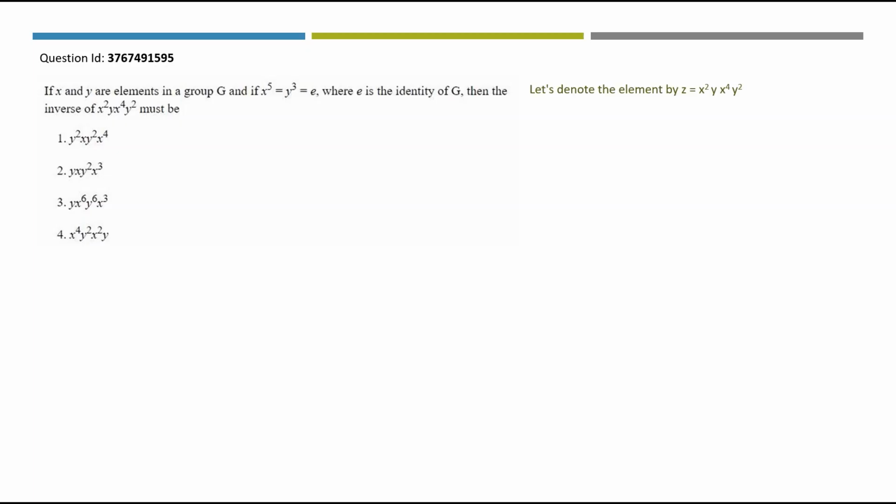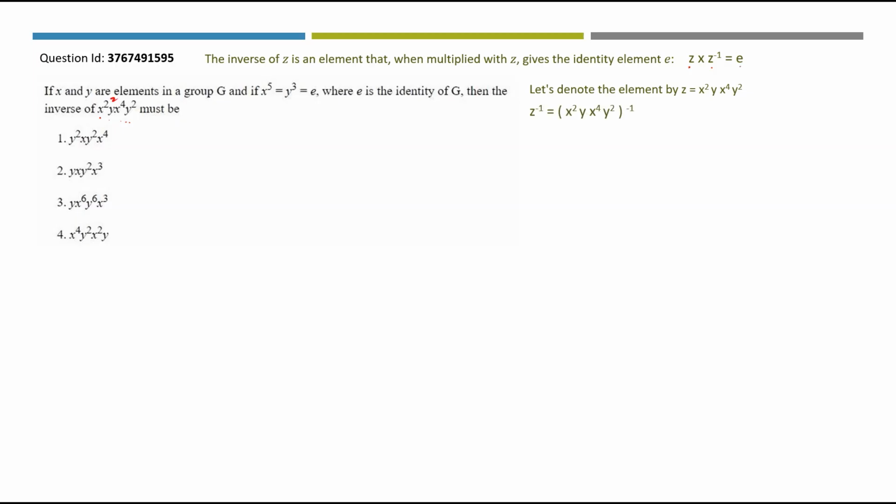Let's denote the element by z is equal to x square y x power 4 y square. The inverse of z is an element that when multiplied with z gives the identity element E. When you multiply z with z inverse, you should get E. That should give the identity element.